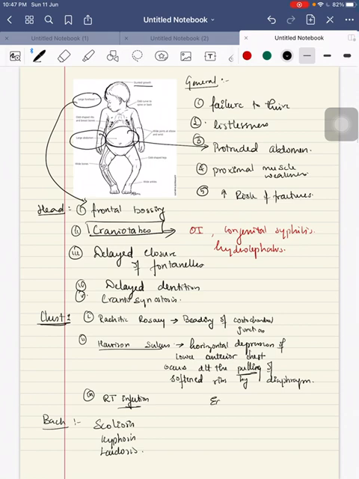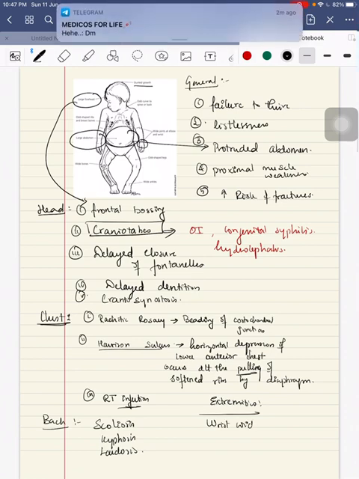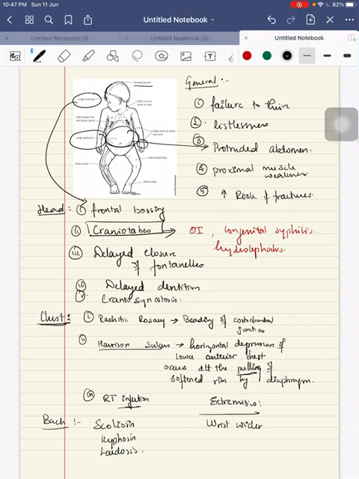In the extremities, as we all know, the child can have this widening of the wrist. In the extremities, the child can have genu varum, or it is called as bowlegs.